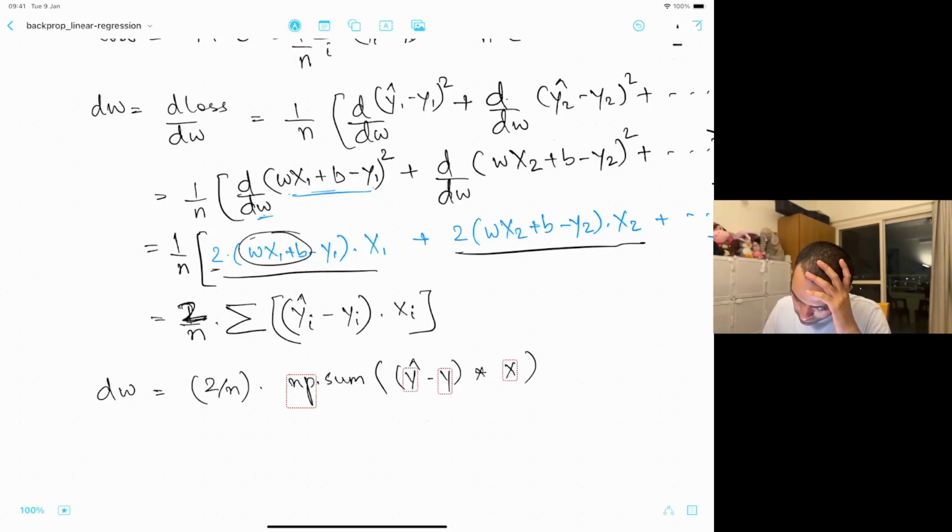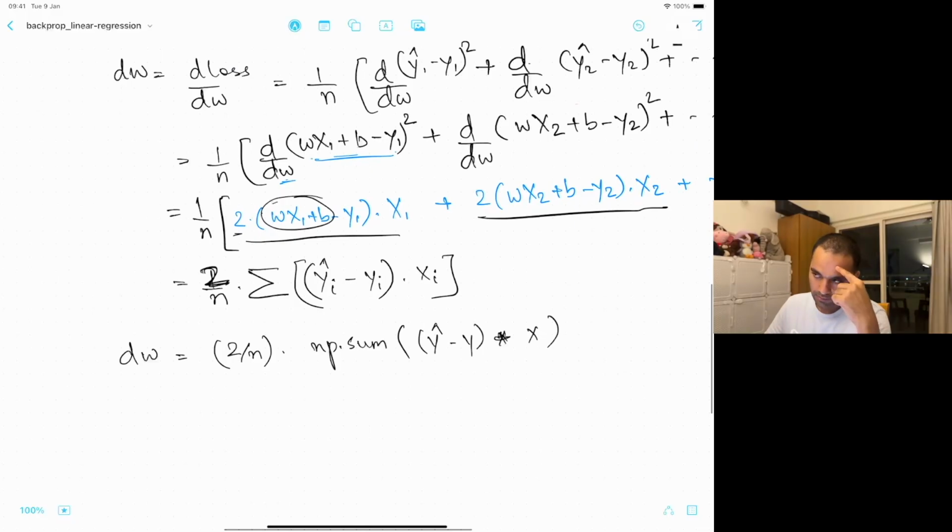So this will do element-wise subtraction, this will multiply each example x with the error y hat minus y, and we'll take the sum of all this together. I think that would be correct.